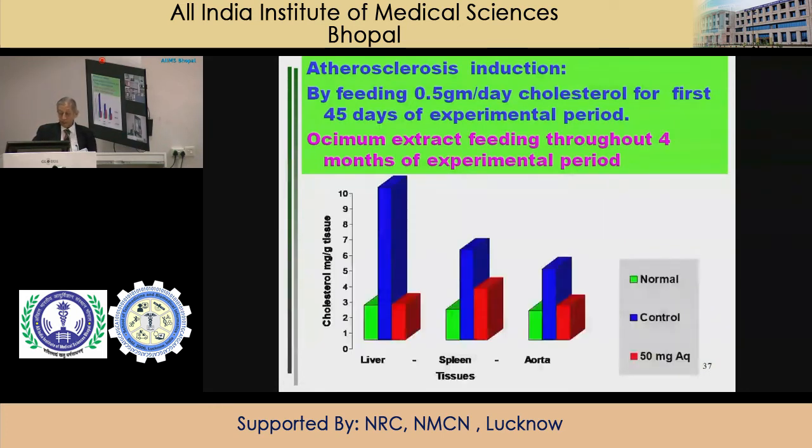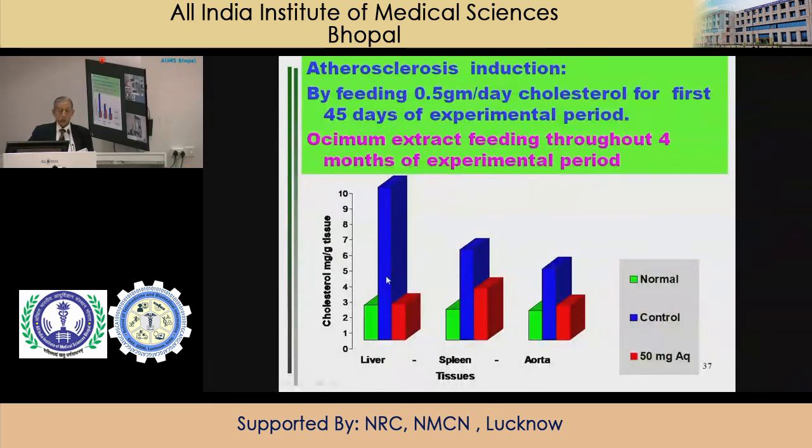You can see that this is the left side, liver, spleen and aorta, and in the normal cases, the green is normal, blue is the control.